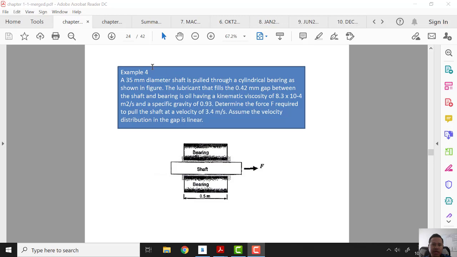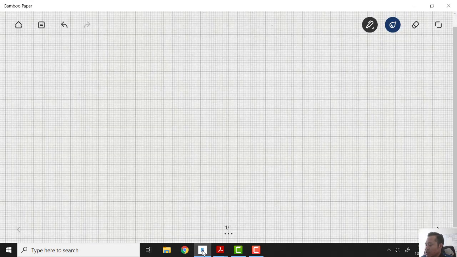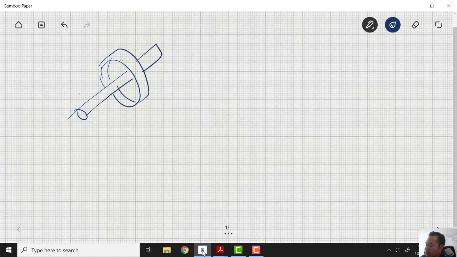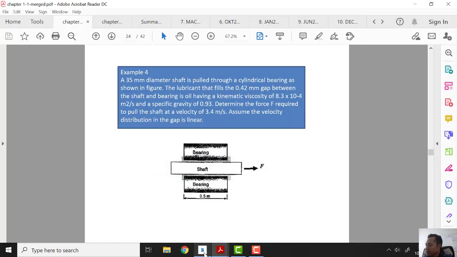In example 4, a 35 mm diameter shaft is pulled through a cylindrical bearing as shown in the figure. We have a bearing and we have a shaft, and the shaft is pulled inside the bearing.